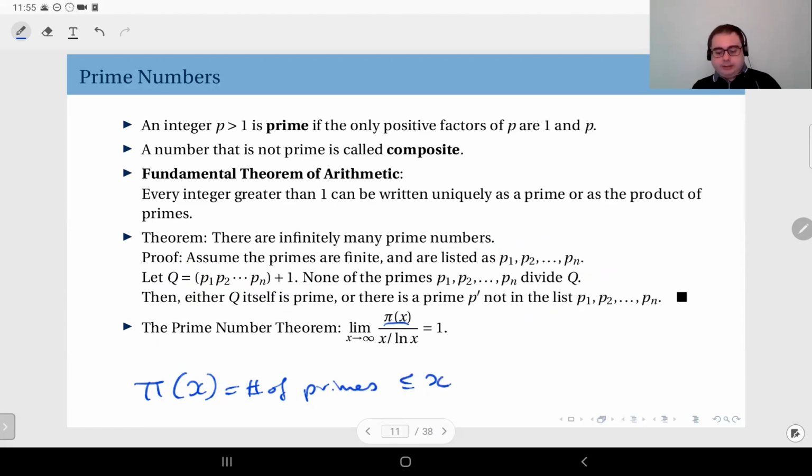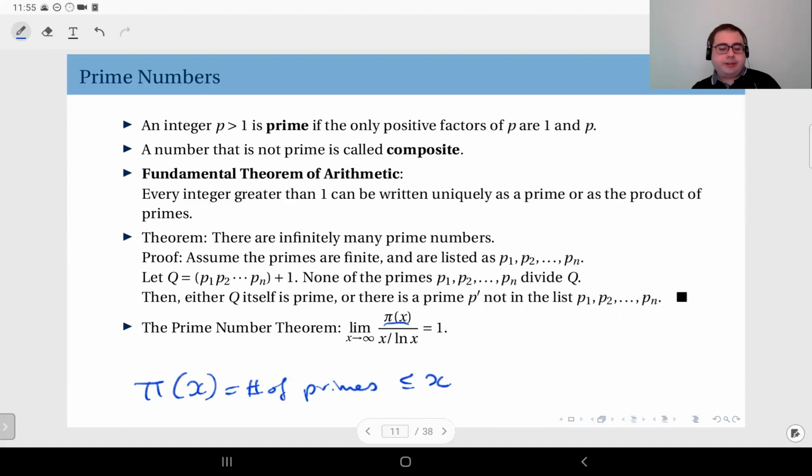So this is the function that counts the number of primes up to the number x. Obviously it's an integer valued function, and it's an increasing, or rather non-decreasing, function. And we do not really have a closed form expression for this function.